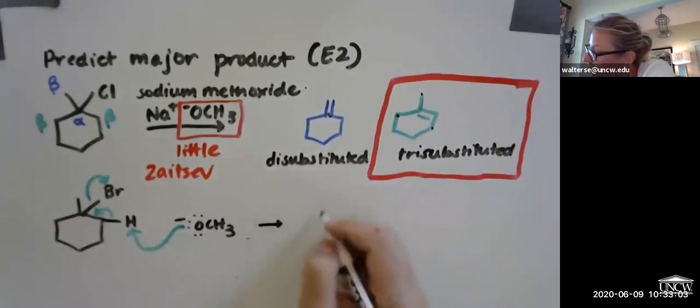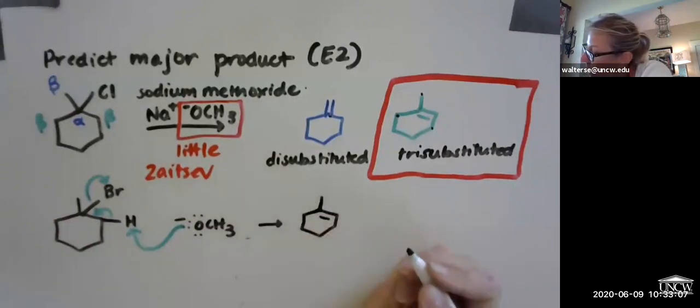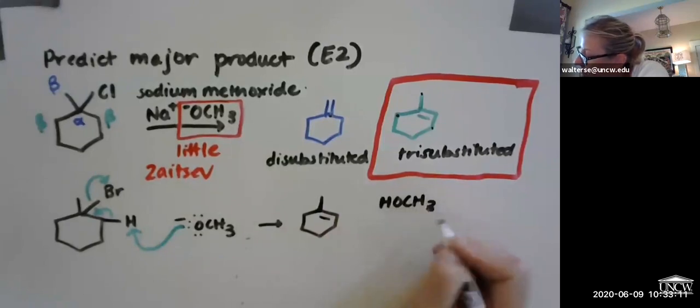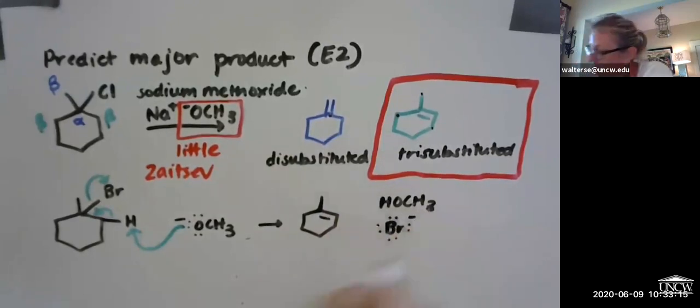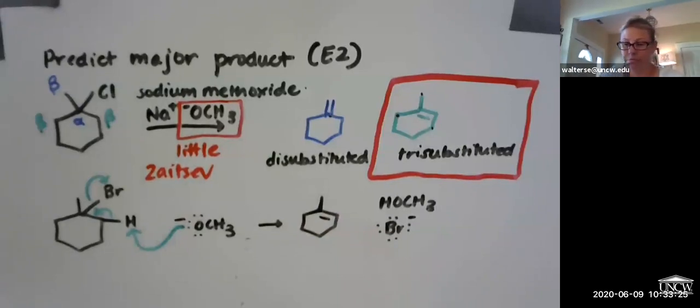And you would end up with your tri-substituted alkene, methanol, and bromide. Okay.